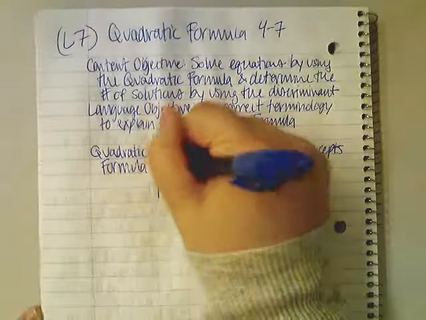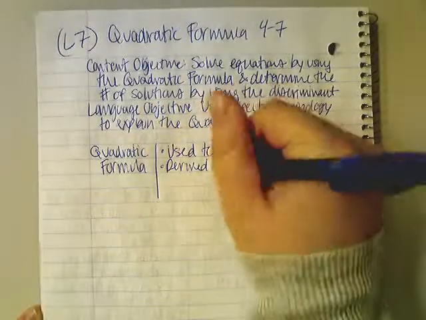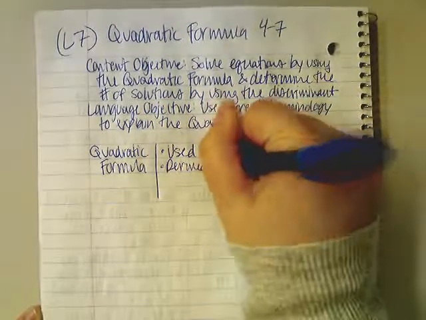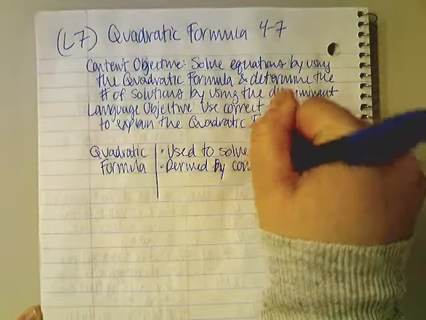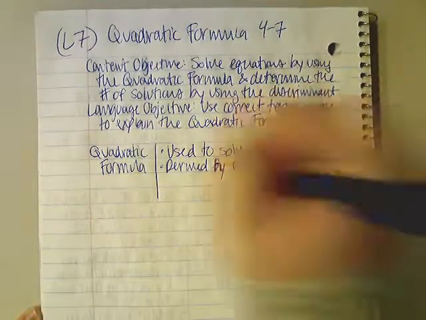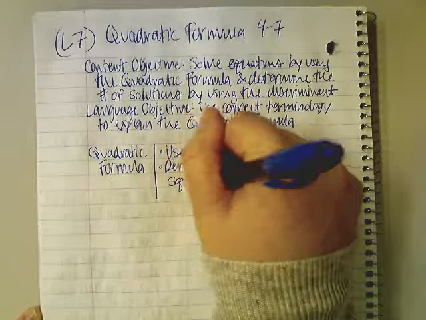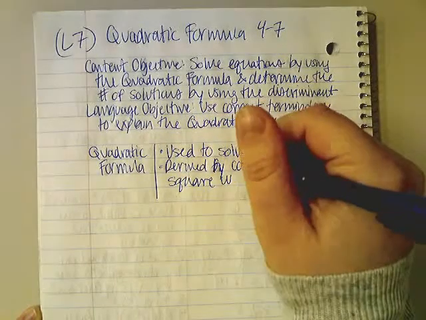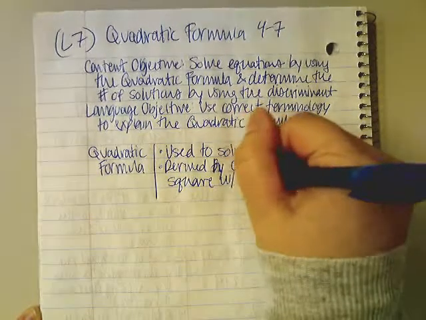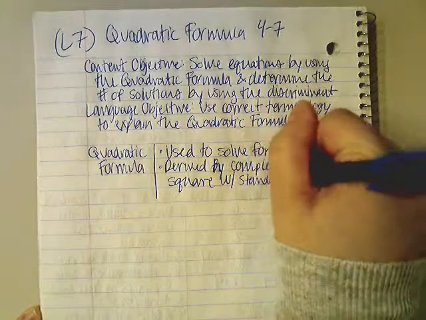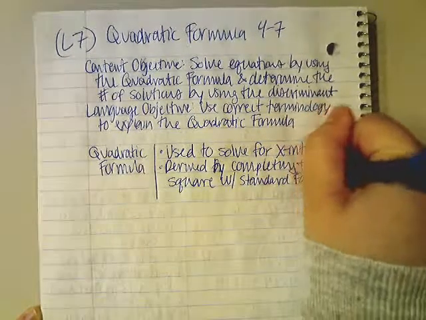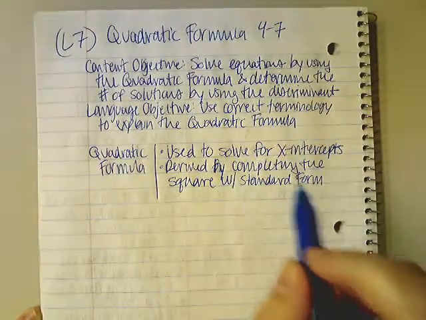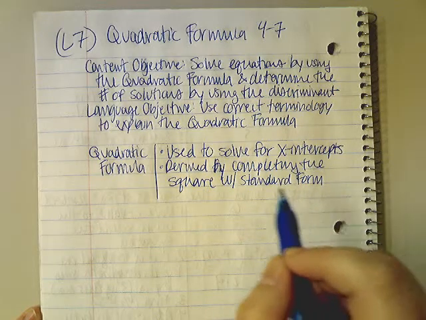It is derived by completing the square with standard form. So to derive it, you'd start with y equals ax squared plus bx plus c.